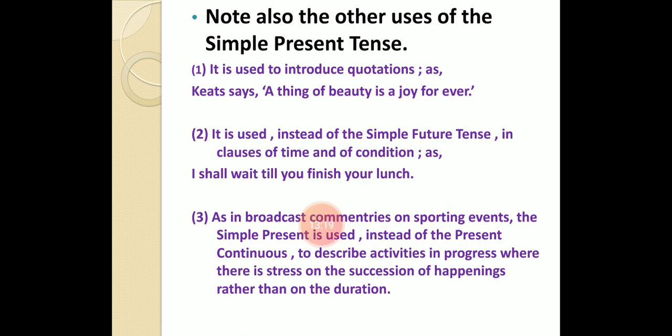Next, second, it is used instead of simple future tense in clauses of time and of condition, as I shall wait till you finish your lunch. Another example, if it rains, we shall get wet.